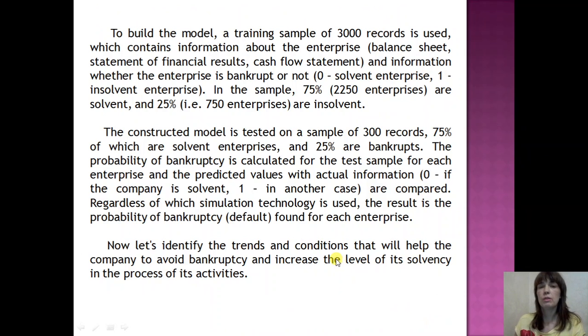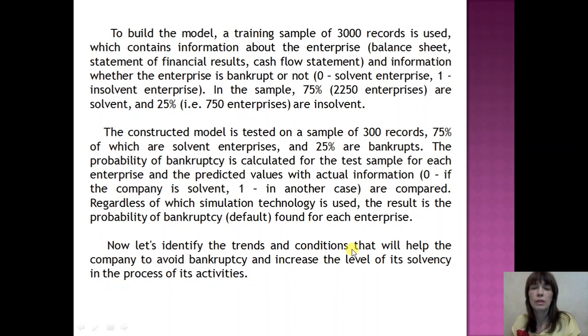To build the model, a training sample of 3,000 records is used, which contains information about the enterprise balance sheet, statement of financial results, cash flow statement, and other data, and the information whether the enterprise is bankrupt or not. 0 is a solvent enterprise and 1 an insolvent enterprise.